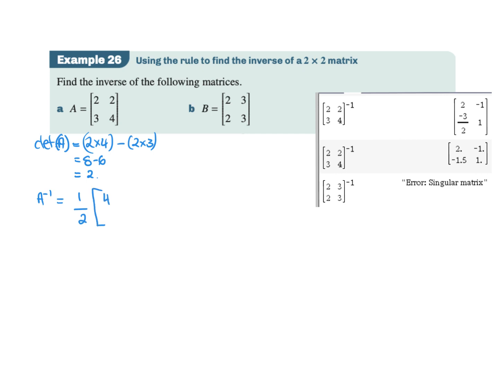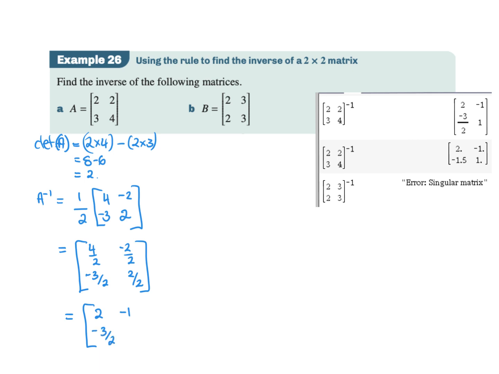I'm going to swap those numbers round, the A and D, and I make the other ones negative. Then I'm going to multiply out that half with those numbers. So it'd be 4 over 2, negative 2 on 2, negative 3 on 2, and 2 on 2. And if I simplified that, we'll end up with 2, negative 1, negative 3 on 2, and 1.